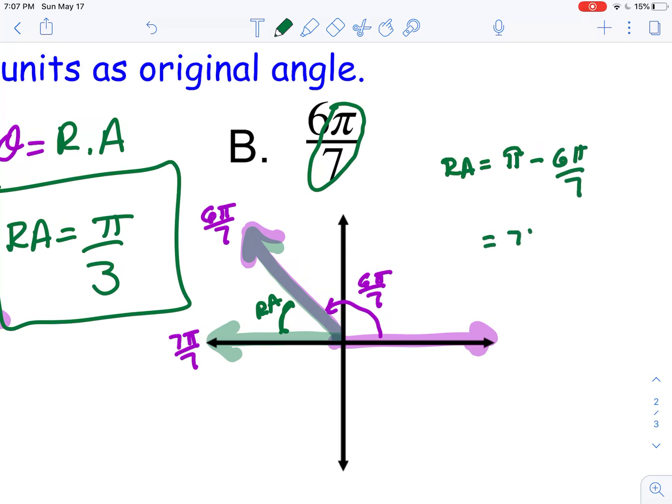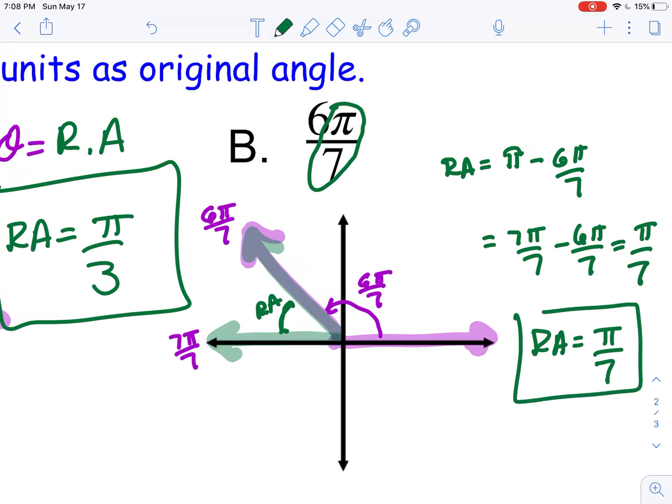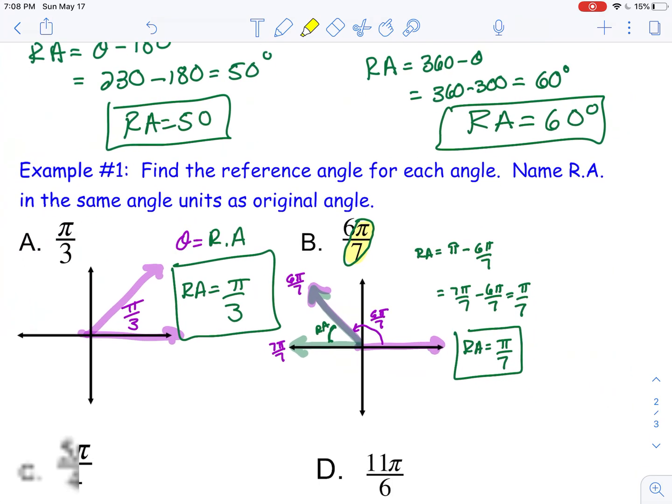That's really 7 pi over 7 minus 6 pi over 7, which gives me pi over 7. So my reference angle here is equal to pi over 7. Or you can just look at the denominator and the pi. That's really the easiest way to look at that.